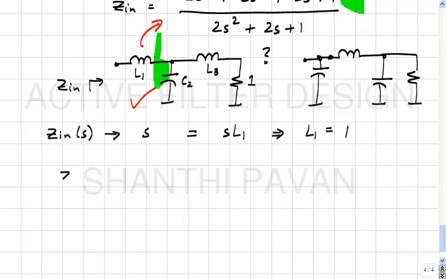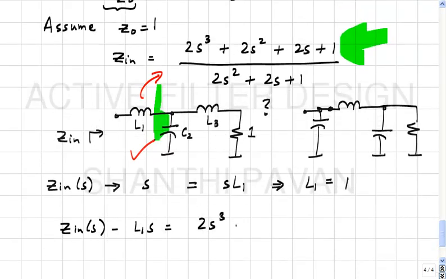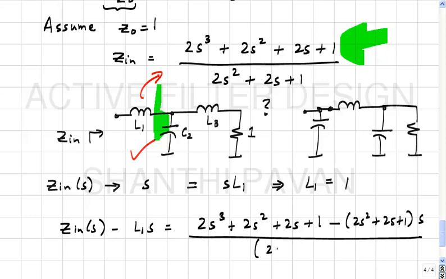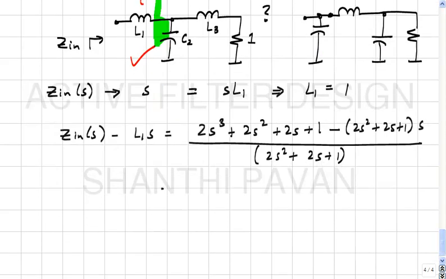That would be Zn of S minus L1S, which is 2S cubed plus 2S square plus 2S plus 1 minus S square plus 2S plus 1 times S divided by 2S square plus 2S plus 1. Does it make sense?